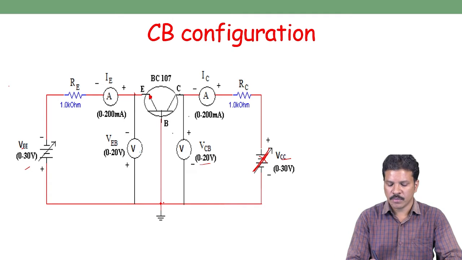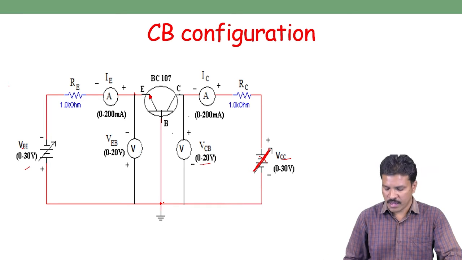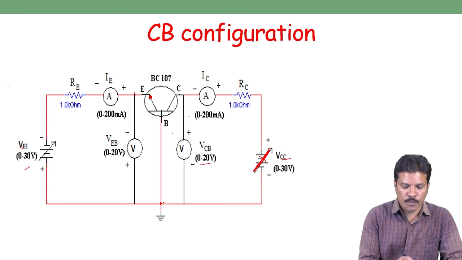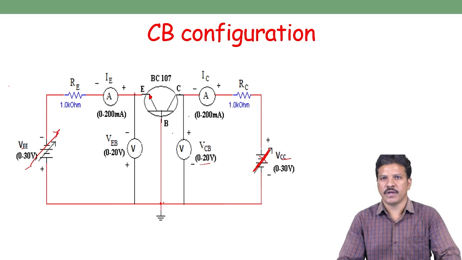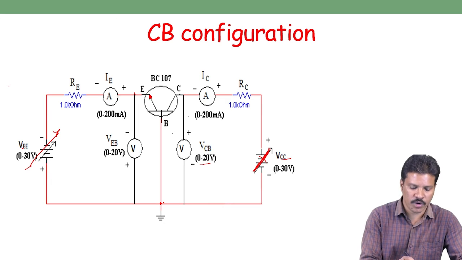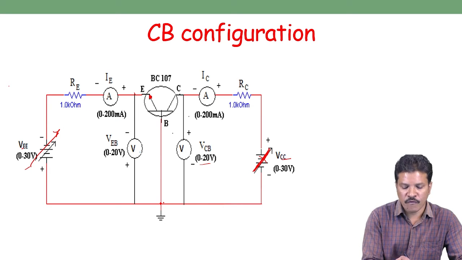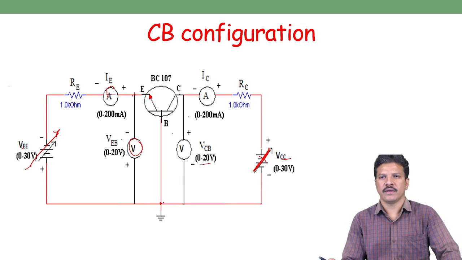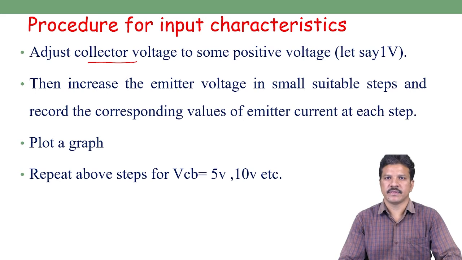So by putting a constant voltage at the VCC supply, we then vary the input voltage, the input battery, the emitter voltage, and measure the current flowing in the input terminal through the ammeter and the voltage between emitter and base terminal using the voltmeter. That is called the input characteristic steps.